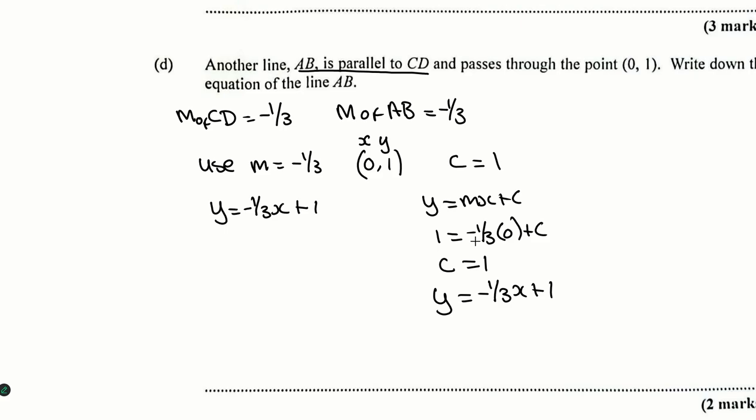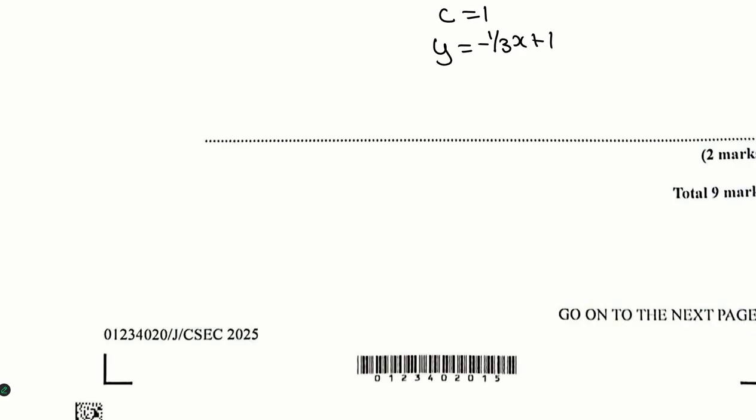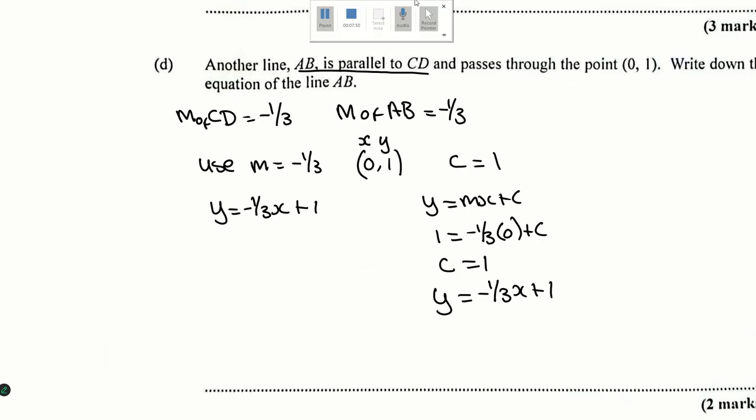So we can put it in the equation to see it, or you could have the understanding and do less working: whenever x is 0 and they give you a y value, that is your y-intercept. And that is the end of January 2025 number 4.